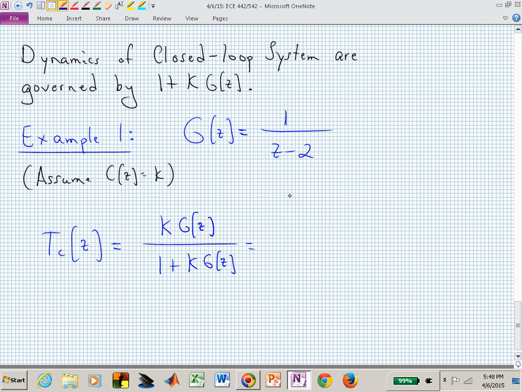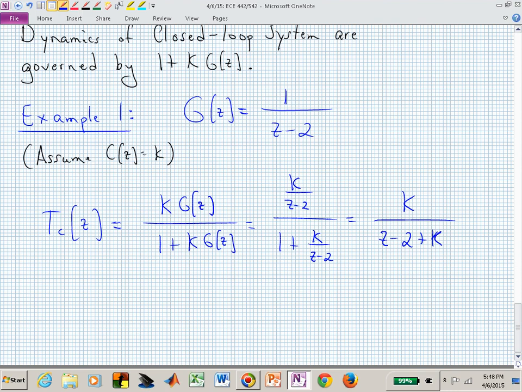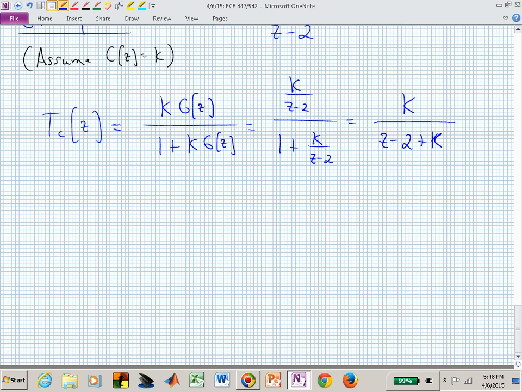And if we plug in our G of z, and get a common denominator in the denominator and cancel the two denominators in the numerator and denominator, we end up with K over z minus 2 plus K. Questions on that? That's now our closed-loop transfer function based on a proportional controller.